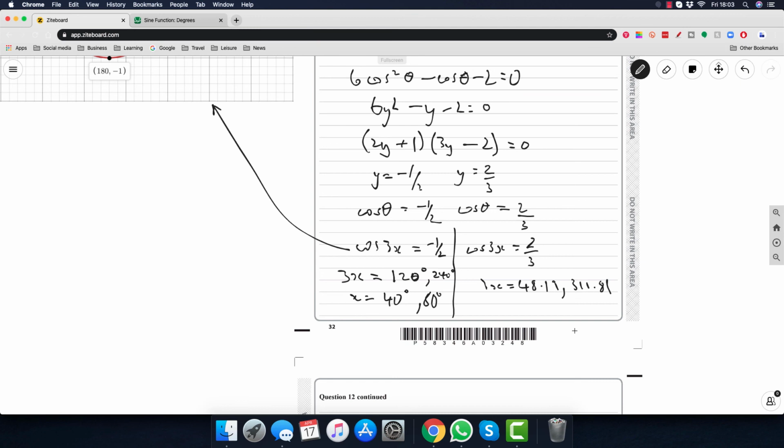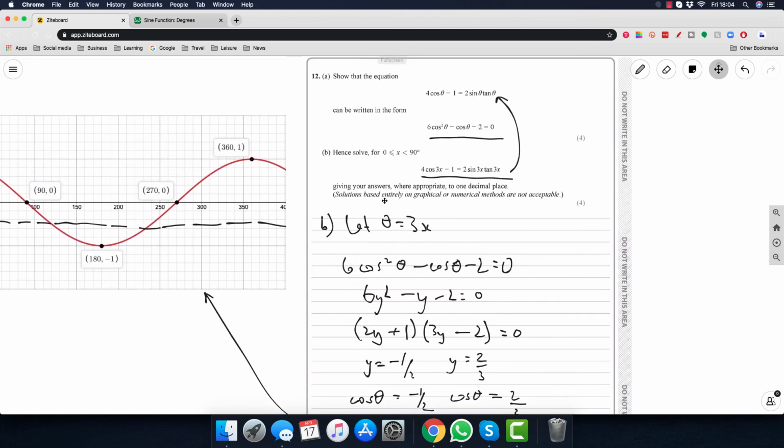And again, I hope you can see that if we subtracted 360 from either of these, it's going to be negative again, so we don't want those. And if I add 360 to either of these, it's going to be way too big. So I can just go ahead and divide these by 3. So I'm going to get 16.06 and 103.94.